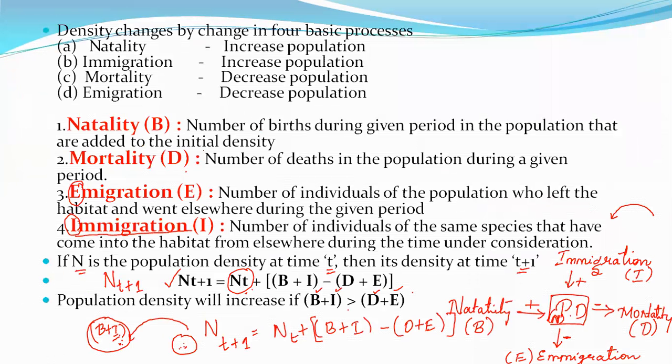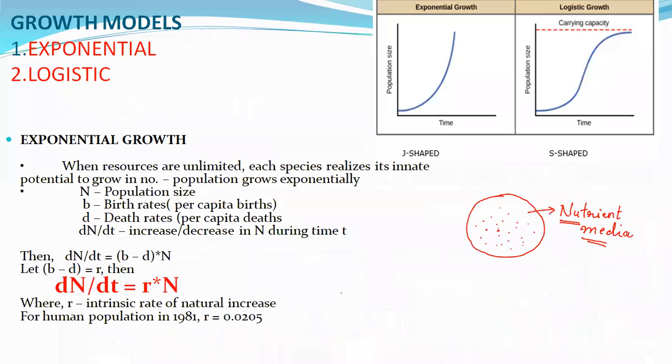Please go through the formulas about natality, mortality, immigration and emigration once. Make sure you understand these formulas. If you have any doubt or have not understood anything, please do ask me in the next class.